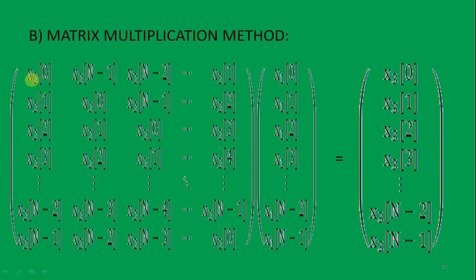Now take x2 of 0, x2 of 1, x2 of 2 and so on up to x2 of N minus 1 as the first column, indicating all the values.